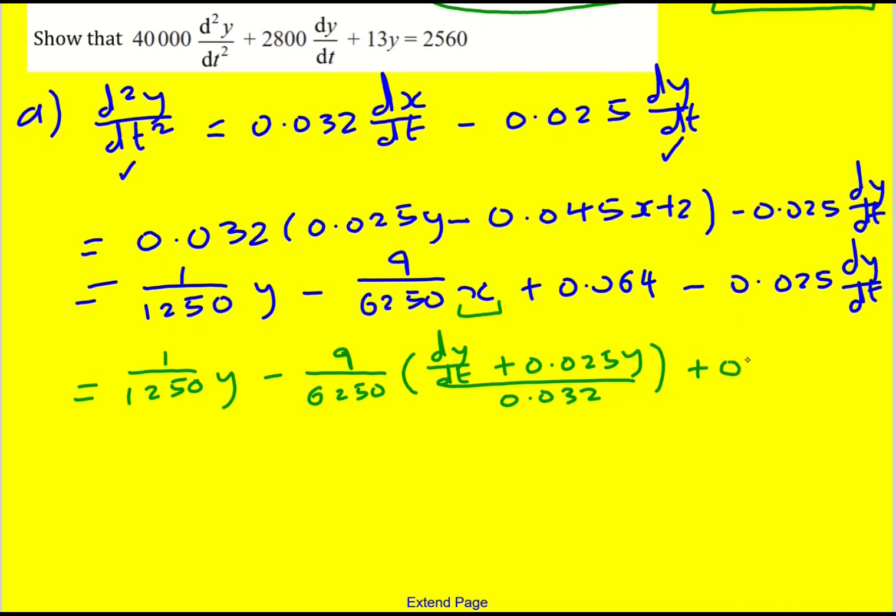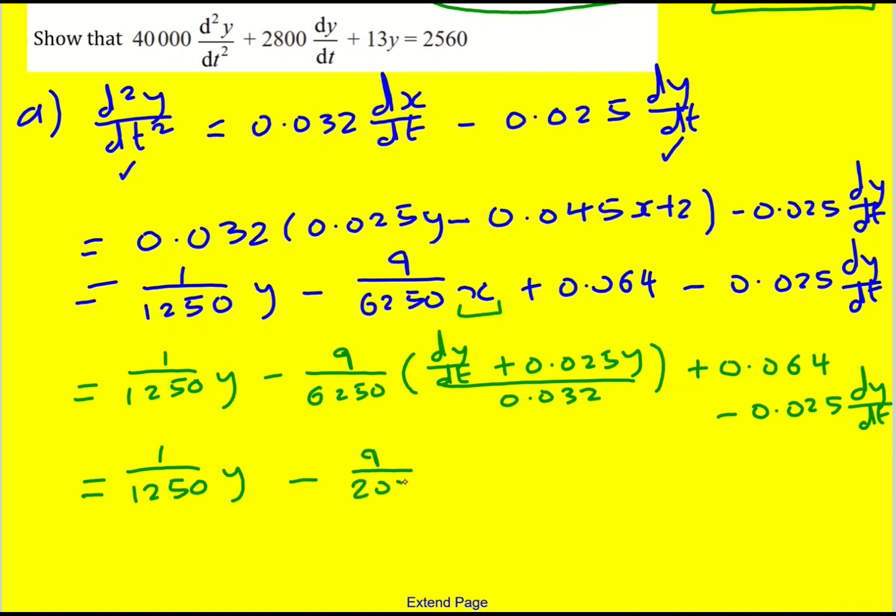And don't forget we've got plus 0.064 and minus 0.025 dy by dt. Okay, we just got to keep going. We're not far away, so just expand that bracket. Get minus 9 over 200. Use your calculator for all of this, of course.